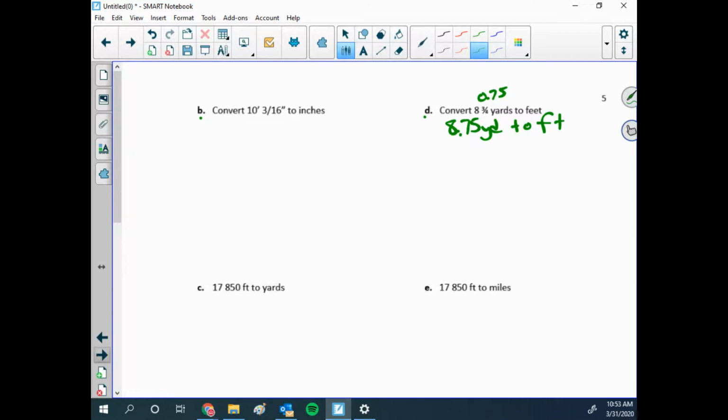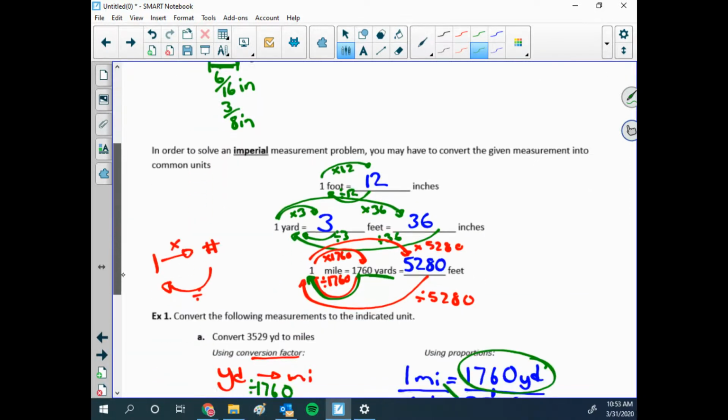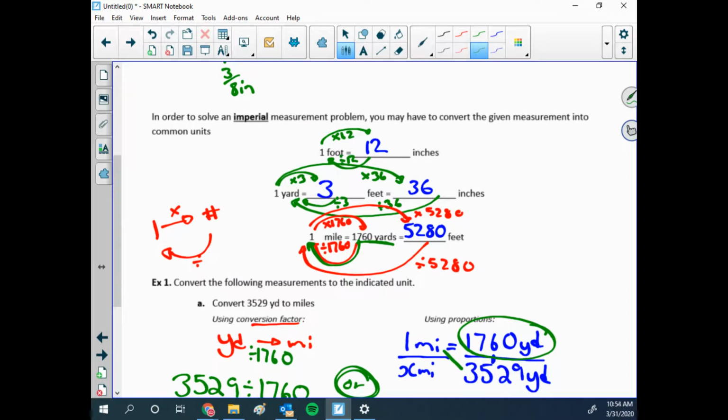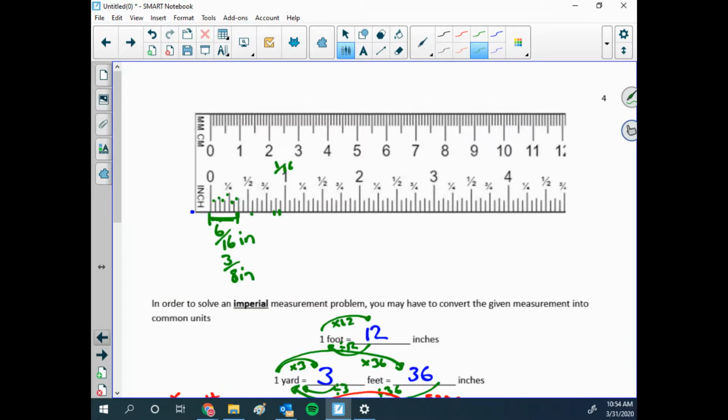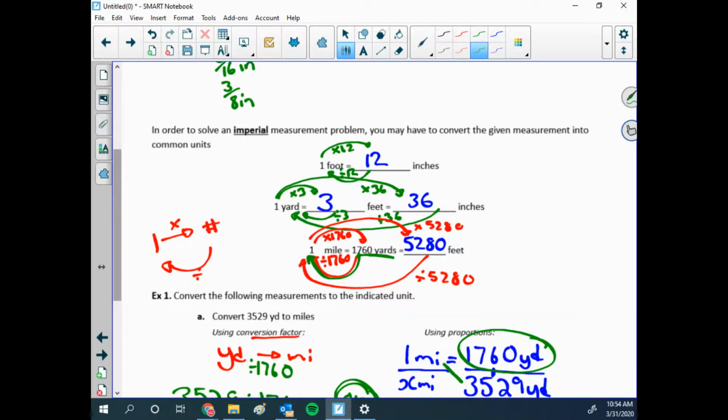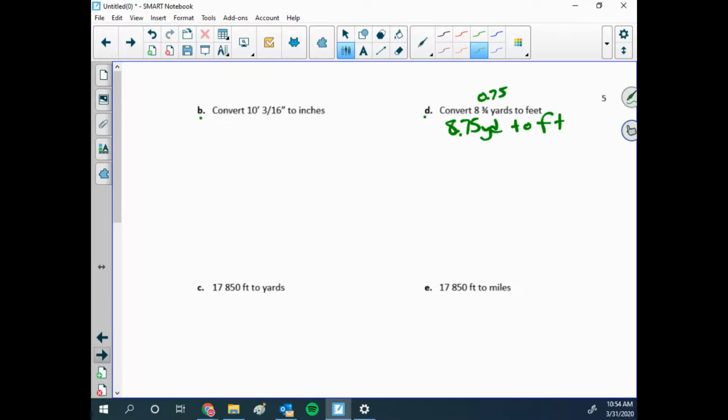I'm going to go back and look at my conversion factors. Here I'm dealing with yards and feet. So in 1 yard, there are 3 feet. So I will write that conversion factor down. In 1 yard, there are 3 feet. That's my conversion factor from the page before. And now I'm going to substitute the numbers into what I'm looking for.